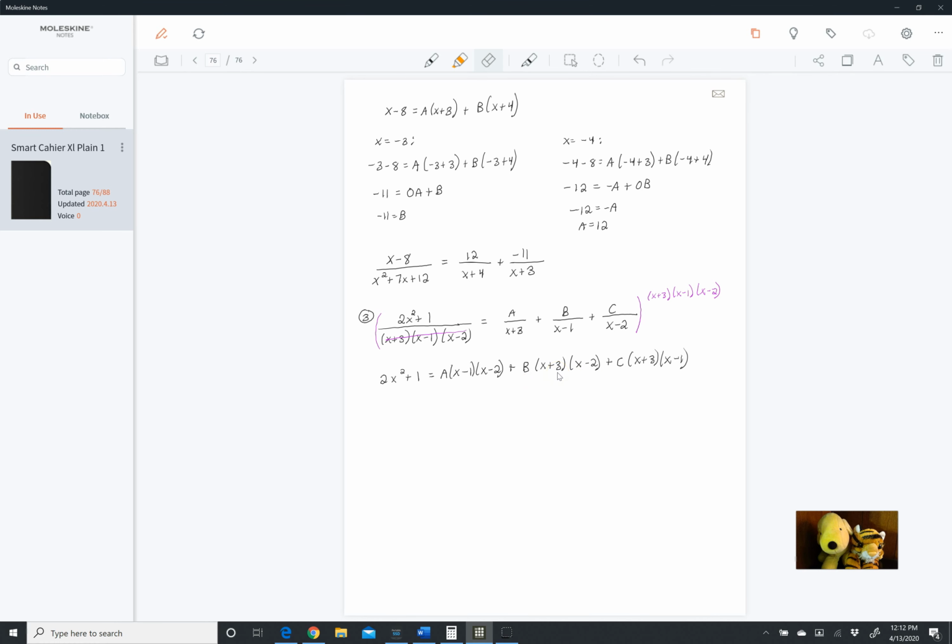So remember, anything that's multiplied by 0 is 0. So if we could make either x plus 3 or x minus 2 equal to 0, then this whole thing is 0. So let's just write that.